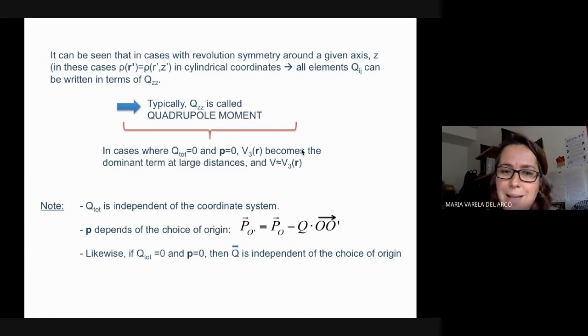Important. Now, the dipolar moment P does depend on the choice of origin. If I calculate dipolar moments with respect to a given origin O, or with respect to a given origin O prime, then those dipolar moments are going to be different.